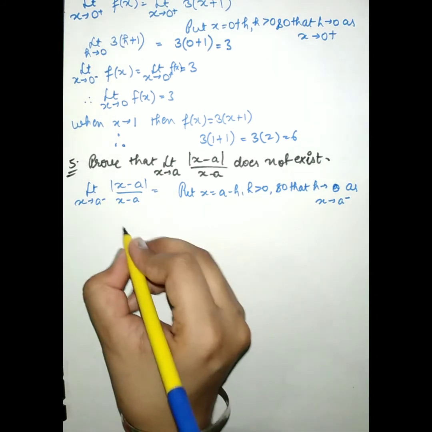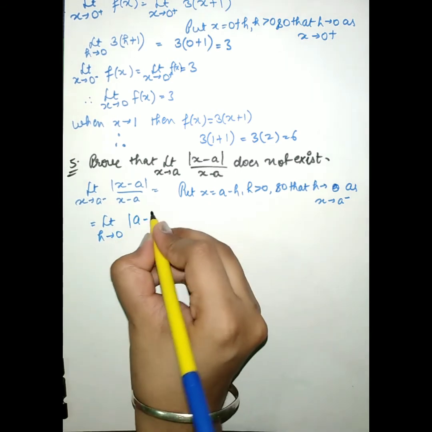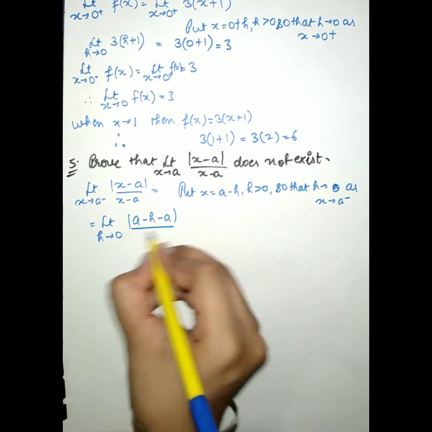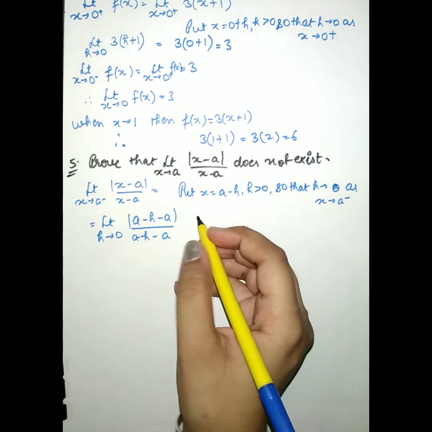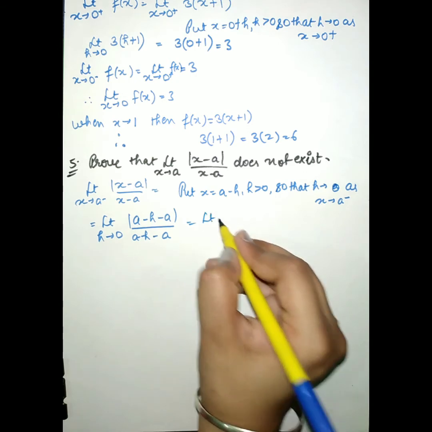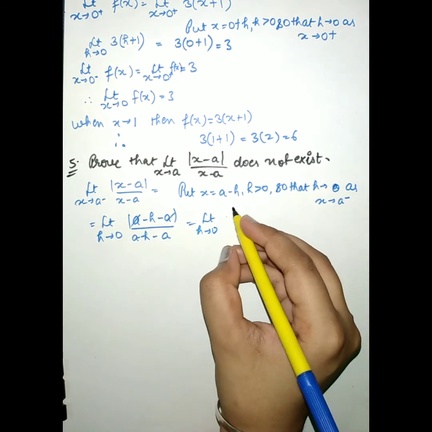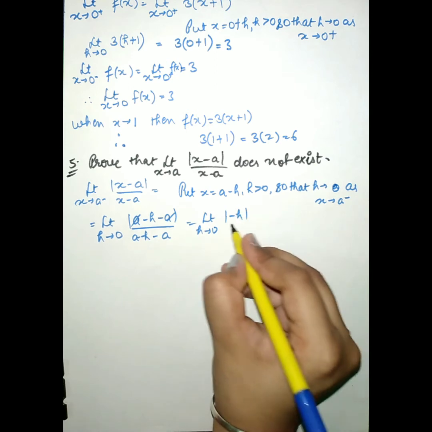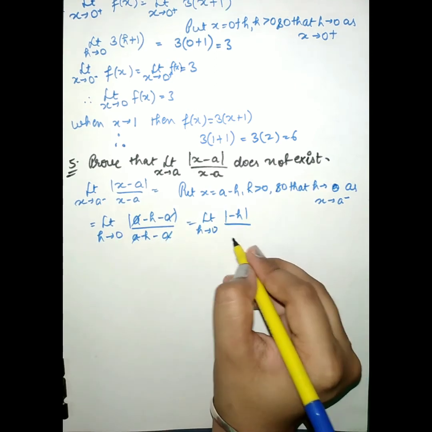Then it will become limit h approaches to 0, |a − h − a| upon a − h − a. Then this will be cancelled out, limit h approaches to 0, |−h| upon −h.